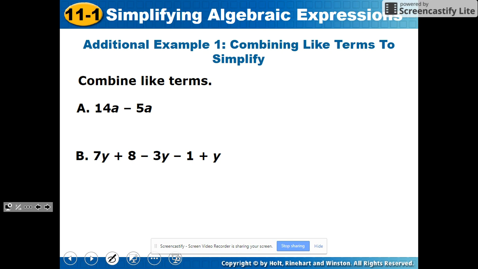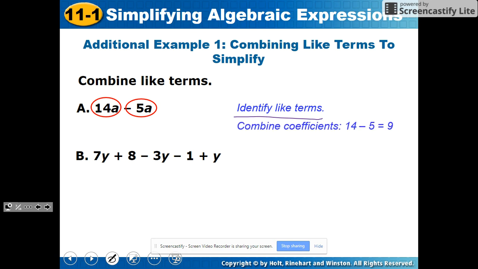So our first example here, example 1, we're going to combine like terms. The first thing we're going to do is identify the terms, and you should write this on the side there. So the terms here, we've got 14a and negative 5a. They're both like terms, so let's combine them. We have 14 minus 5 to give us 9a. The next one, b, we're going to identify the terms.